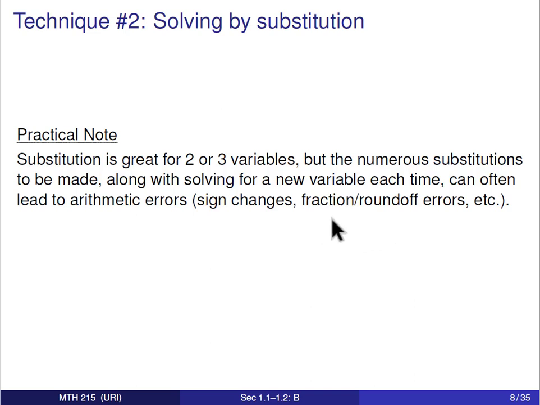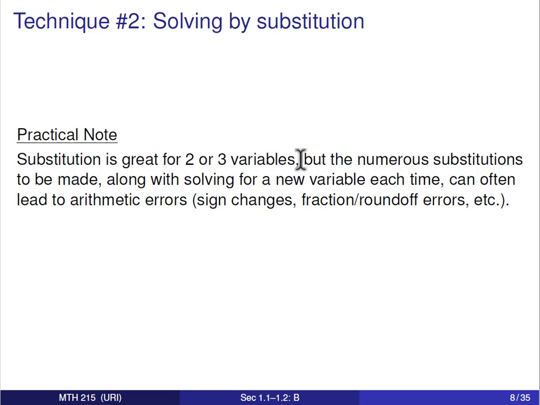But in practice, what computers do when dealing with fractions is they convert them into decimals, and their decimals are precise only to a certain number of digits. And so computers, for all their benefits, introduce round-off errors, and these round-off errors can compound. You can get a bigger error in your final solution because of little tiny errors in each step of your arithmetic. So again, substitution is great for 2 or 3 variables, just like graphic solutions were.